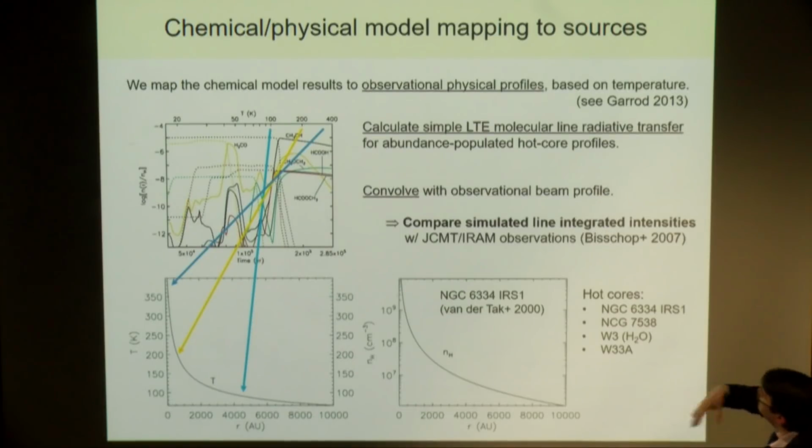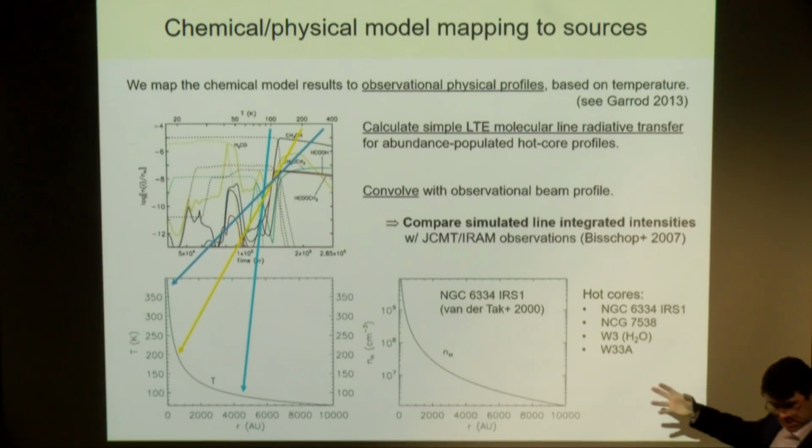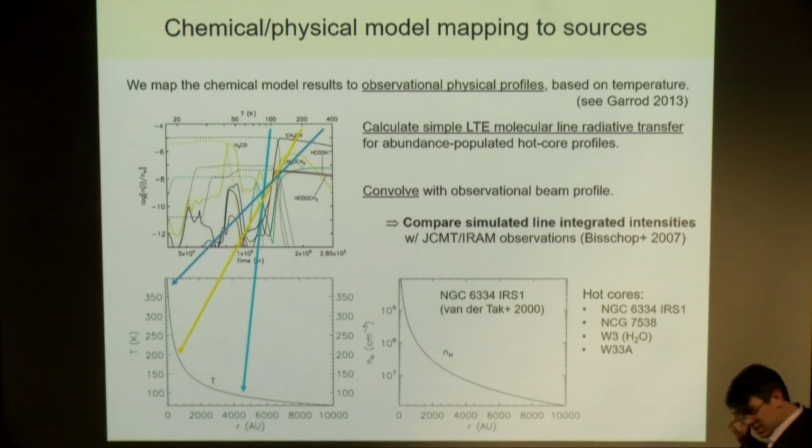Okay, so we can fold into that the convolution of the emission with the telescope beam. We get a full spectrum for all these molecules that we're interested in. And then we can directly compare the integrated intensities of the emission lines themselves with observed values.